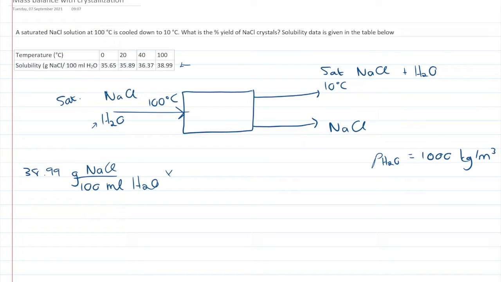So if I have my density in kilograms per cubic meters, I need to first fix these milliliters by converting it to cubic meters. There are 1,000 milliliters in 1 liter. That cancels out the milliliters. And then there are 1,000 liters in 1 cubic meter.